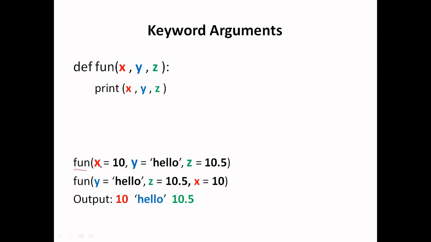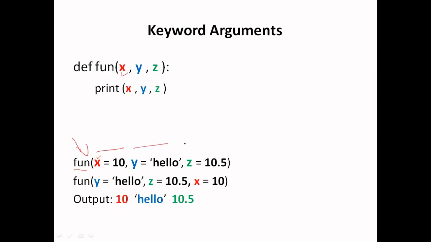While calling the function, if you write a variable name and assign some object to it, this name becomes the keyword. This keyword and the function parameter name must be the same, and if they are the same then this type of calling is called a keyword argument. So basically we are calling the function using the keyword argument.